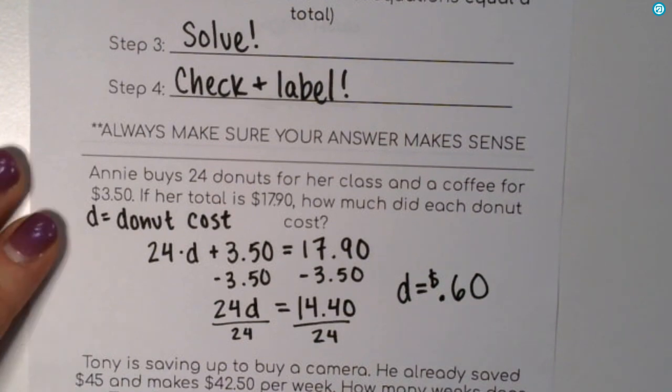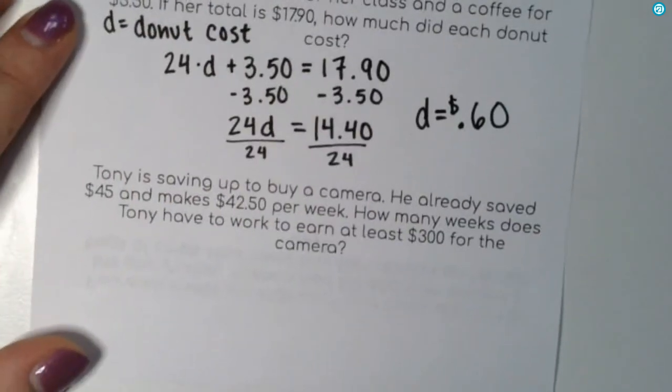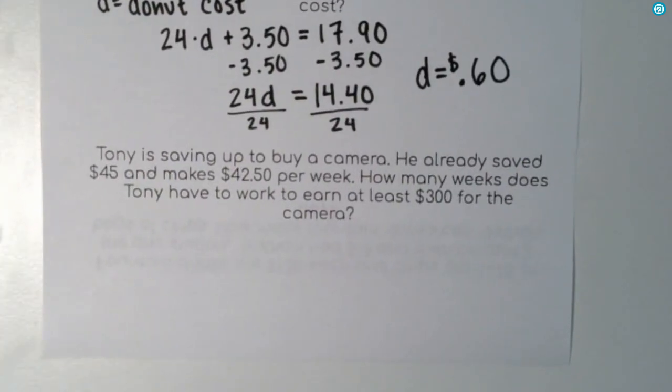So next one we've got, Tony is saving up to buy a camera. He already saved $45, and he makes $42.50 per week. How many weeks does Tony have to work to earn at least $300 for the camera? So the first question is, what are we trying to solve for?